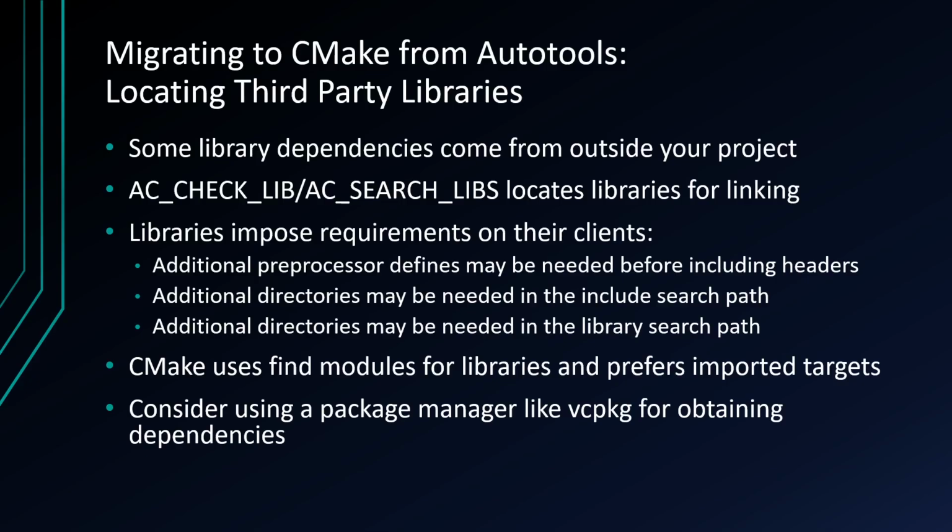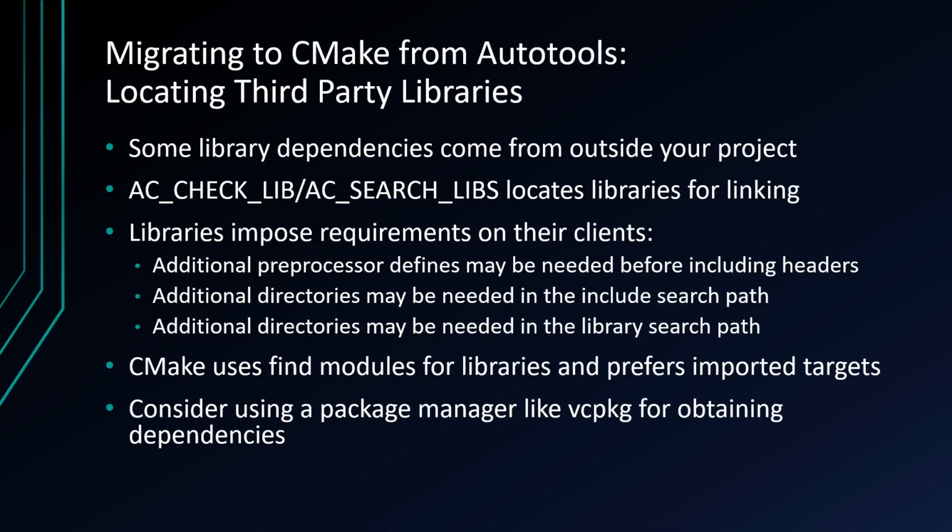CMake generally uses what's called a find module to locate things on your system. So you would use a find module to locate a particular library that is an external dependency installed on your system. If you use a package manager like vcpkg, the way vcpkg integrates with CMake is it will download the source code for this library that you depend on.